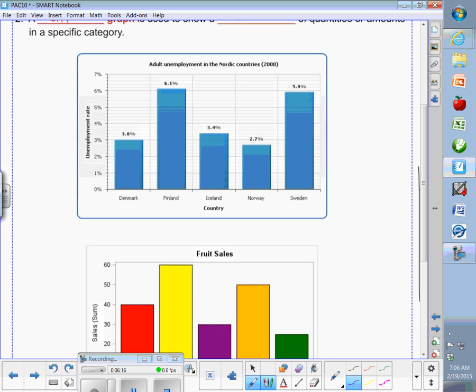Now notice here, I'm going to go back to the first one. Notice here we do have these marks. Normally what would happen with a bar graph is you would have the bar filling up the whole area between the lines, and it would fill the whole area.